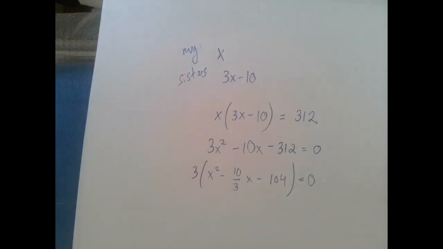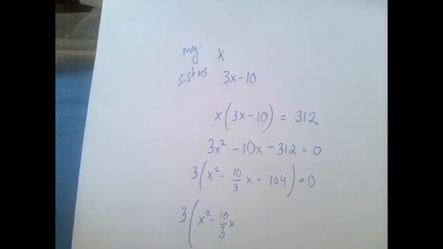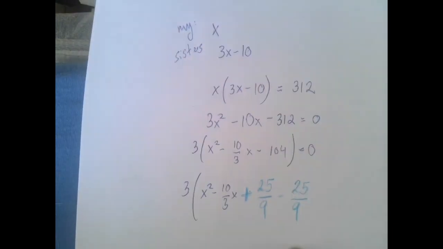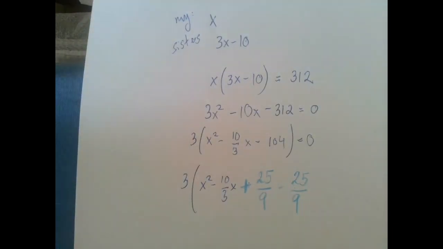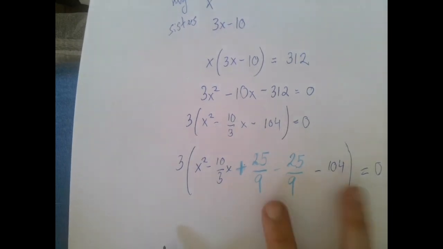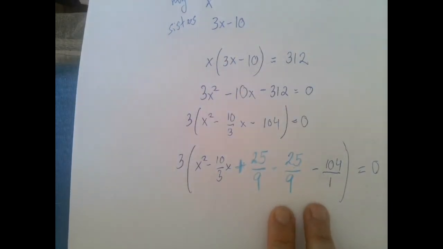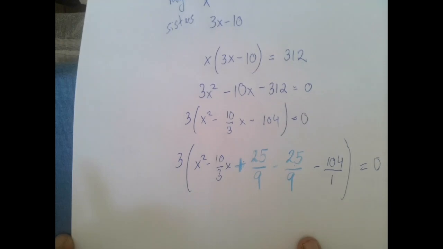Okay. For the smuggling step, 3 times x squared minus 10 over 3x plus 25 over 9 minus 25 over 9 minus 104. And because I kind of see down the road, I know we're going to combine these two. I'm going to interpret 104 right now as 104 divided by 1. Okay.